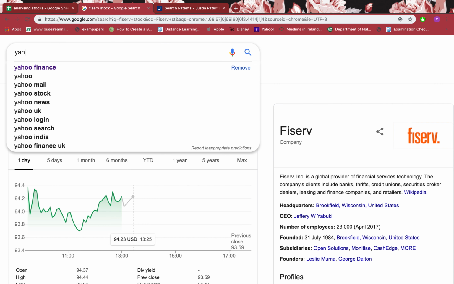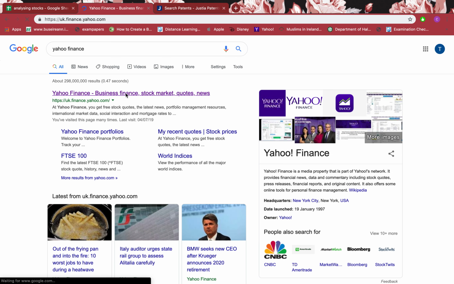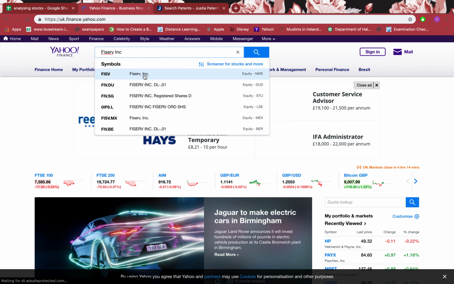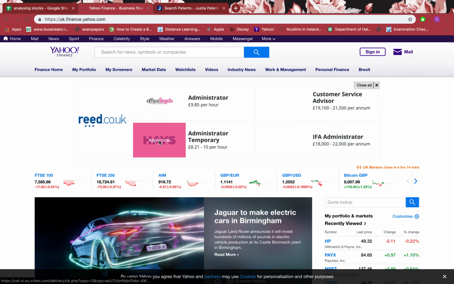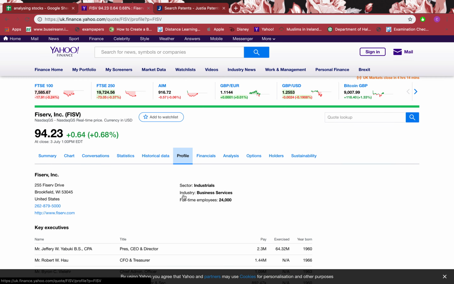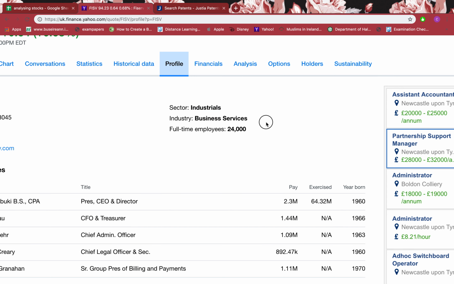And let's look at Yahoo Finance. I want to see if the executives of this firm have their salaries shown or not. So I'll just go to profile right now, and I'll show you one more thing. If you see the sector, it's industrials, and industry is business services.